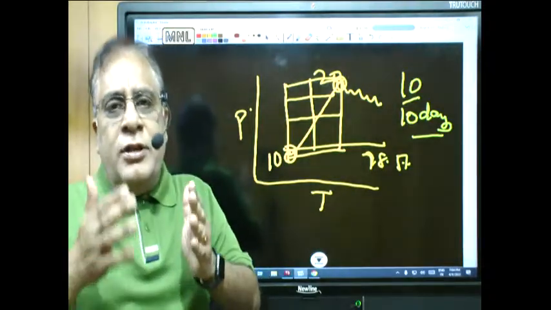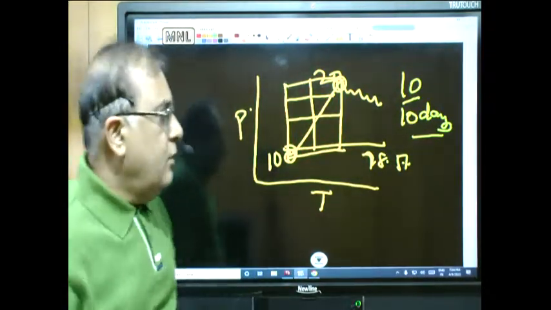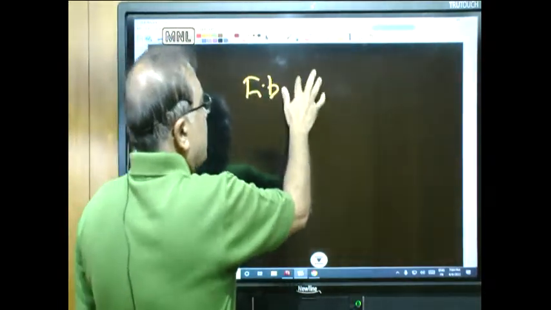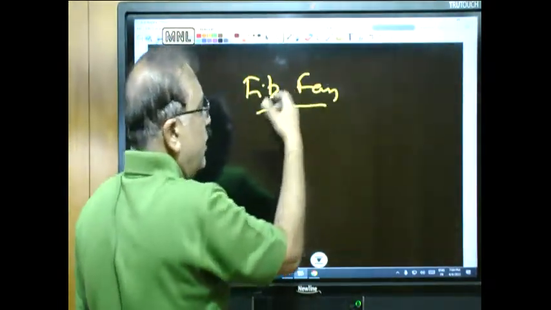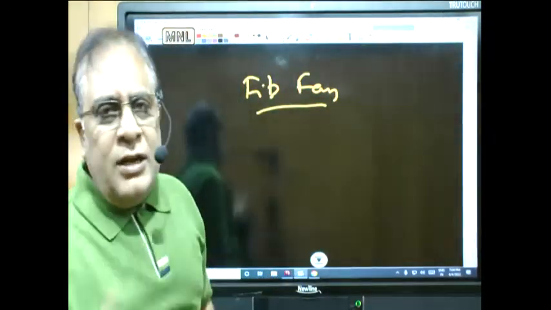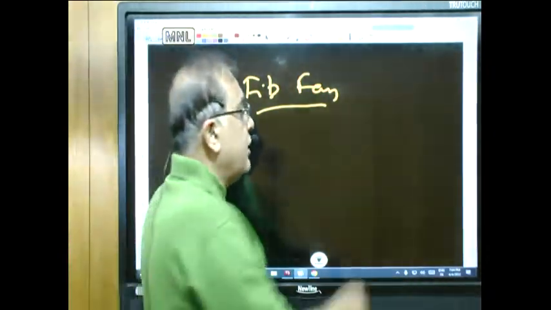A combination or the intersection of that normally will give the Fibonacci fan. So Fibonacci fan is available in all charting systems. Whether you go to investing.com, TradingView, or any other charting system, eSignal, any charting system for that matter, will definitely have Fibonacci fan along with Fibonacci ratio.